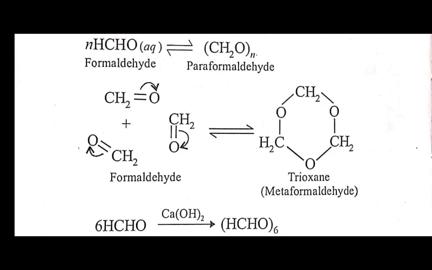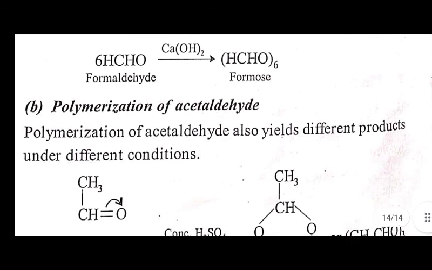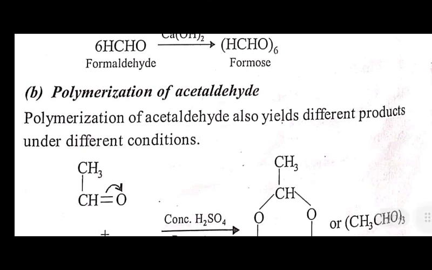This is also called metaformaldehyde. Para and meta are used for formaldehyde: para is used for polymer and meta is used for trimer. Then 6 molecules of formaldehyde can form formose with the help of calcium hydroxide. That is also considered to be a hexamer.